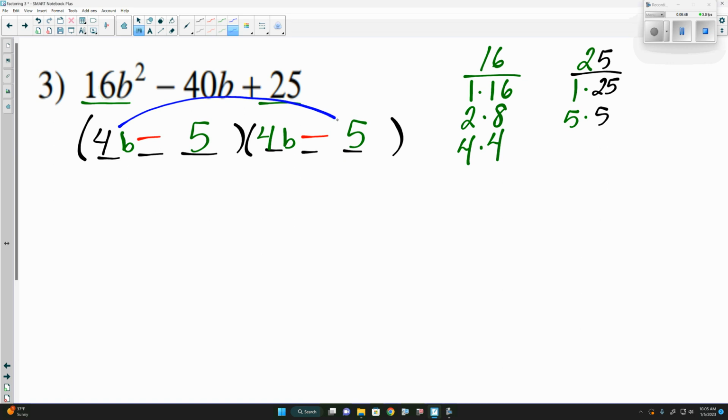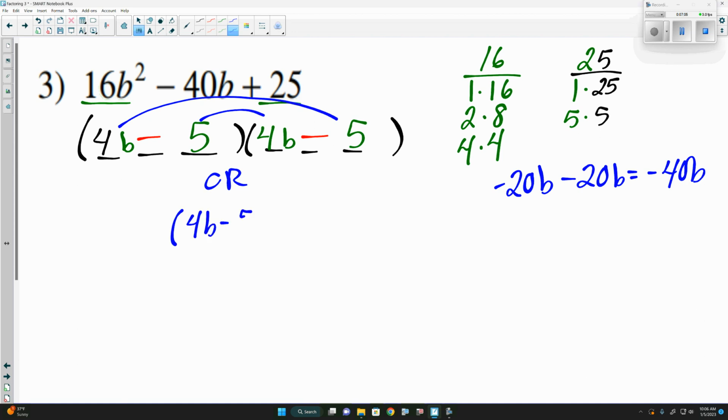And if we check this here, negative 5 times 4b is negative 20b. Negative 5 times 4b is negative 20b, which gives us negative 40b. Or we can say that this is 4b minus 5 squared.